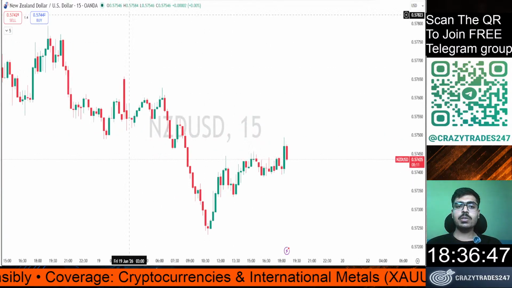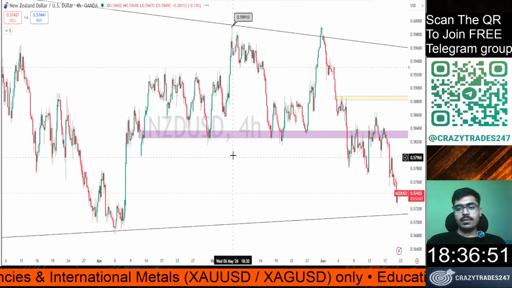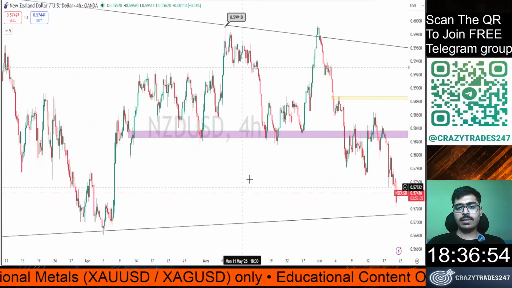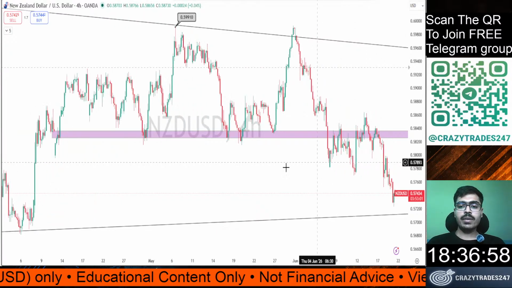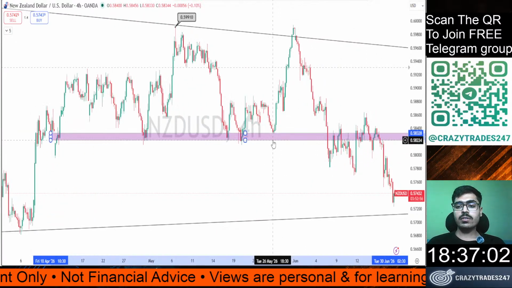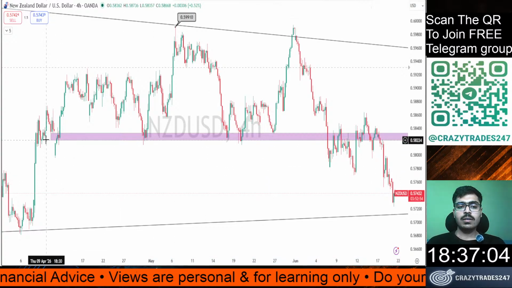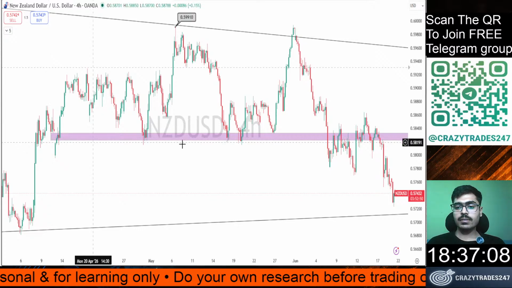So this is the New Zealand USD pair, and from the 4 hourly time frame, yes, we have seen a decline upon breakout of this base that it had made. This base has its significance since April 10th.